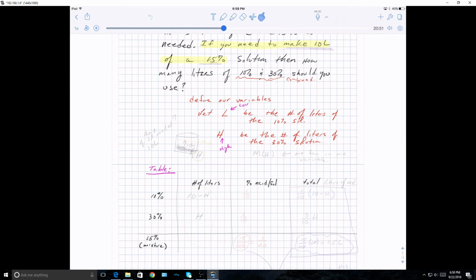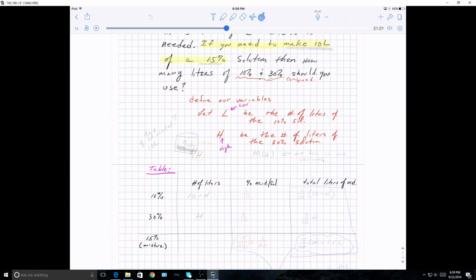Yeah, maybe what we'll do is we'll just say total liters of acid, or the solution. Well, let's play around for a second, and let's say that we're definitely going to need to know the number of liters for the 30, the 10, and the 15%.